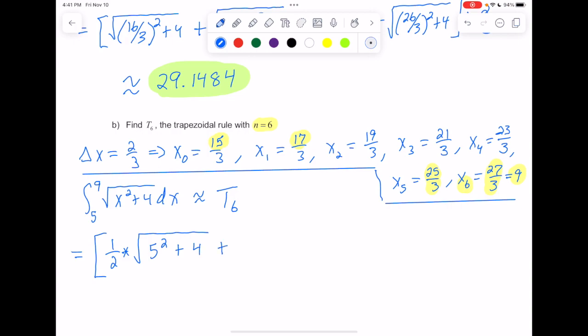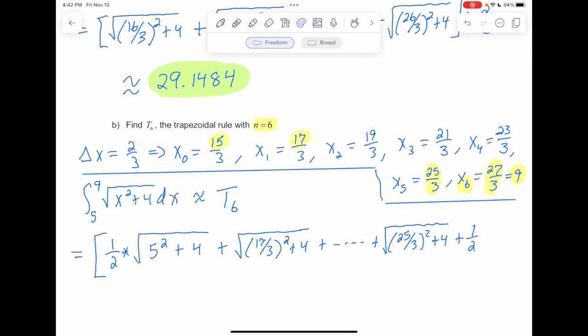And then plus, now we don't do the half anymore. And we go to our next one, which is 17/3 squared plus 4. And we just keep going like that until we get to the next to last one, which would be the 25/3. We do that one. So 25/3 squared plus 4. And then when we do the very last one, there's a 1/2 again.